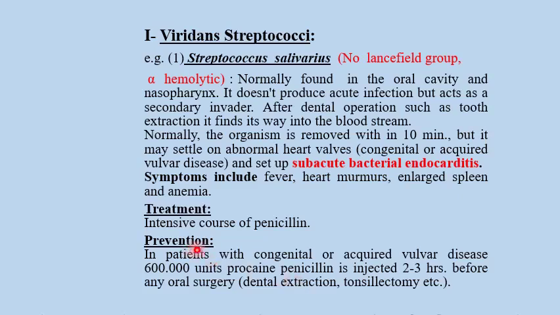For a person suffering from congenital or acquired valvular disease, the dentist should ask the patient about the history of the patient. So if you know that he has anything in his heart valves, he must give him this treatment before doing the operation, to prevent the subacute bacterial endocarditis.